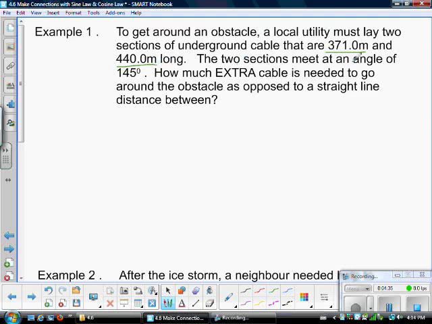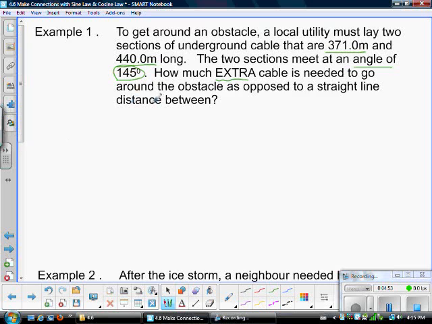The 2 sections meet at an angle of 145 degrees. How much extra cable is needed to go around the obstacle as opposed to a straight line distance between them?